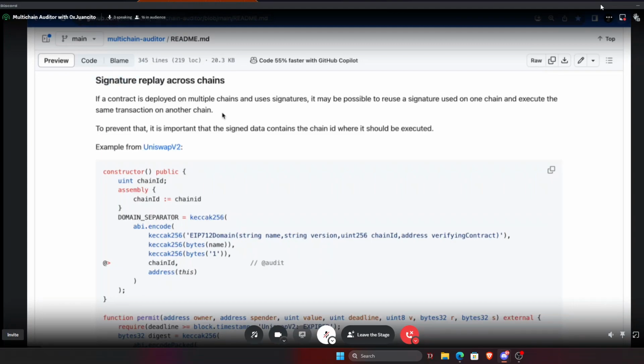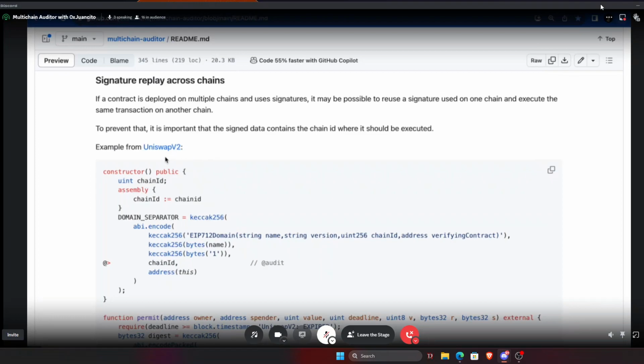And if the protocol is deployed on different chains, they might be able to reuse this specific signature on different chains. For example, let's say that Uniswap deploys their token pair, BTC versus ETH, or wrapped BTC versus ETH. And they do it on Ethereum and they do it on Polygon. And I approve someone to use the tokens to swap or to perform some specific action.